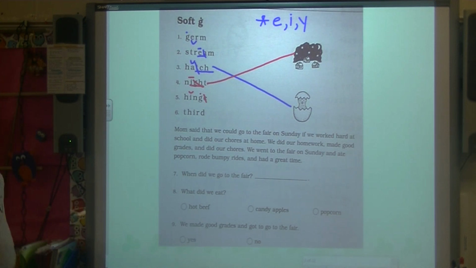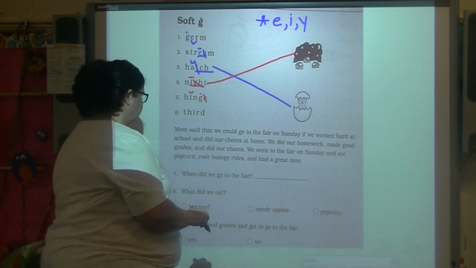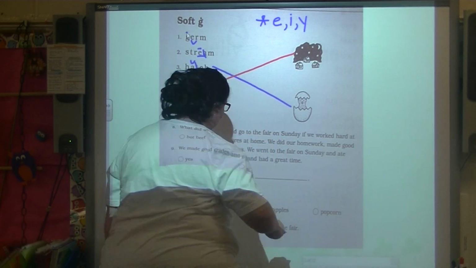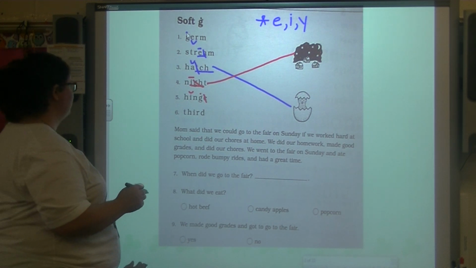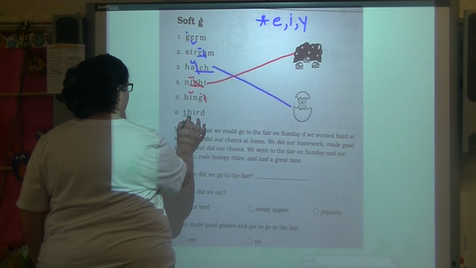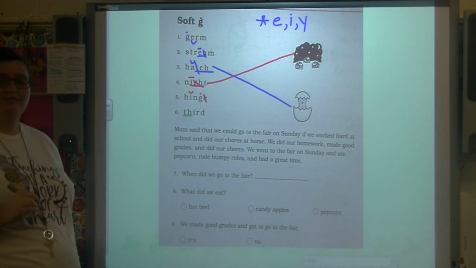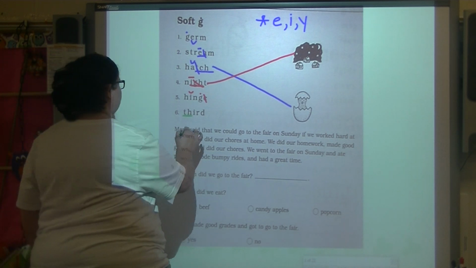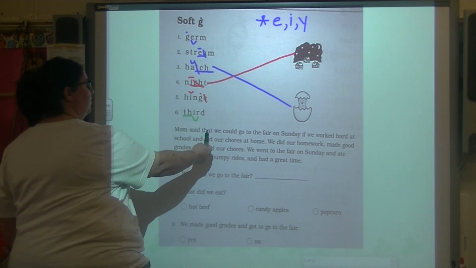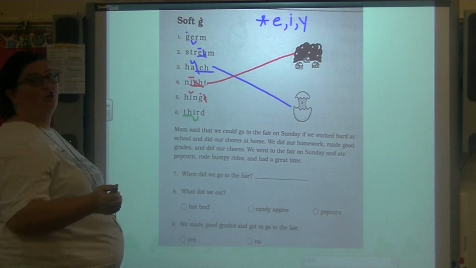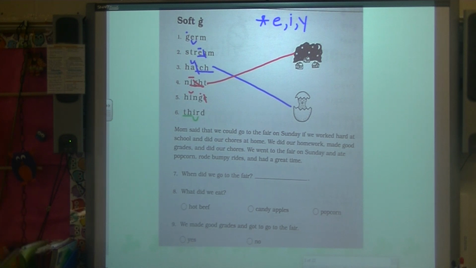The hinge on the cabinet helps it close. Hinge. And number 6. Now we have TH. Digraph TH. What else do we have? Combination IR. Third. Like you're in third place.